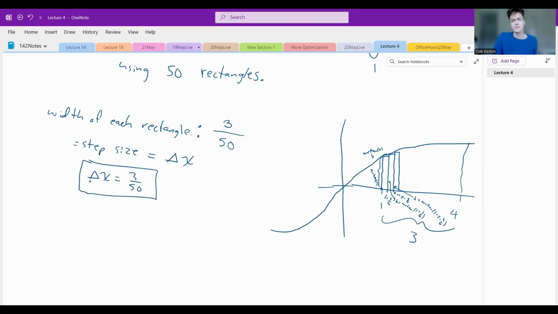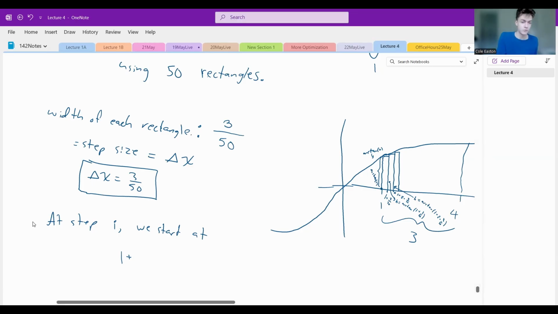And then what is our starting value going to be at a particular step? So let's say at step i, we start at, now we know that originally we start at 1. And so we can say when i is 0, so our 0th step or our first step, but we're going to 0 index here just to make the math a little bit easier. So it's going to be 1 plus, then it's however many steps we've completed times 3/50, right?